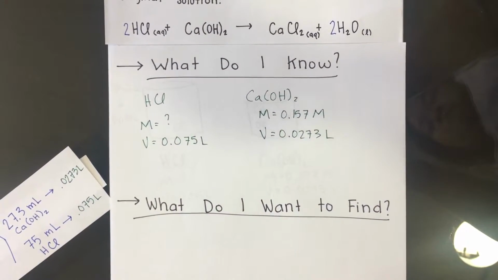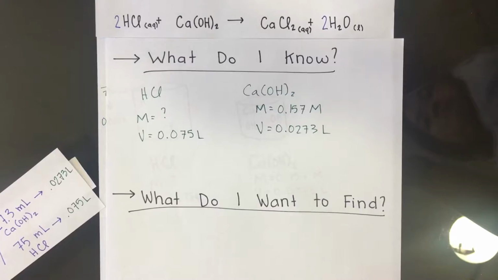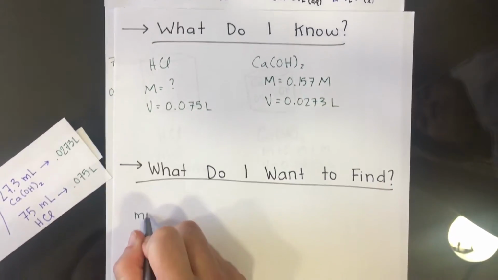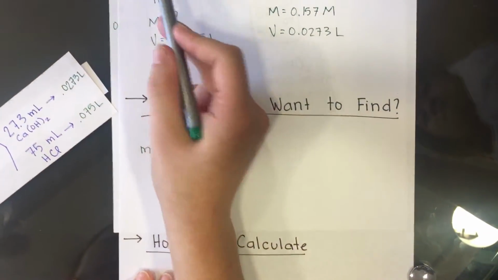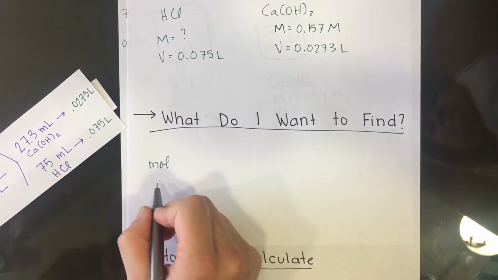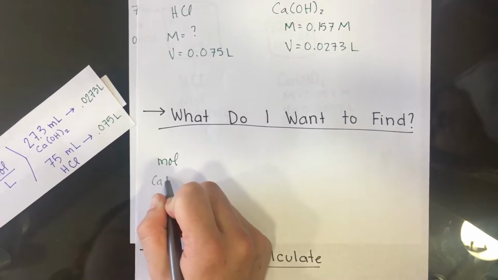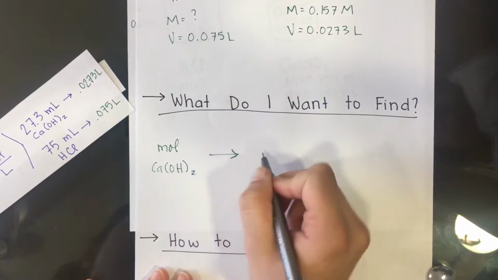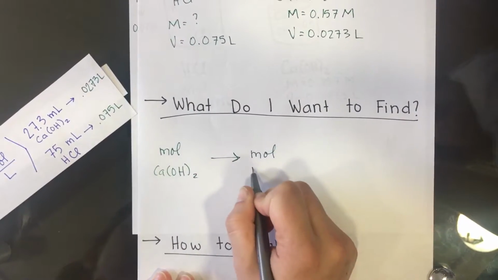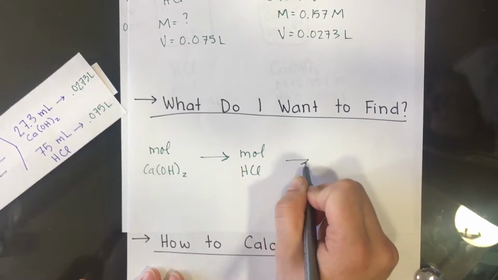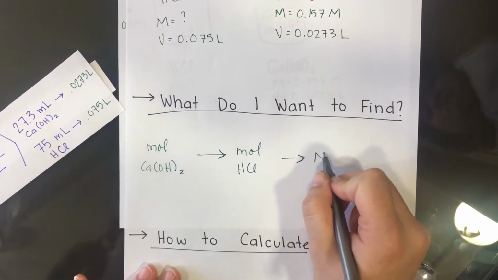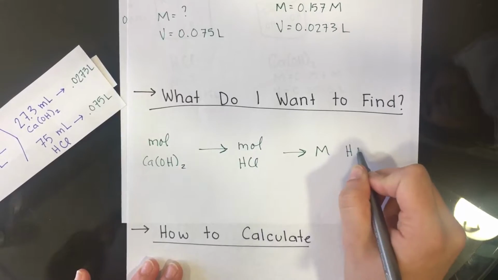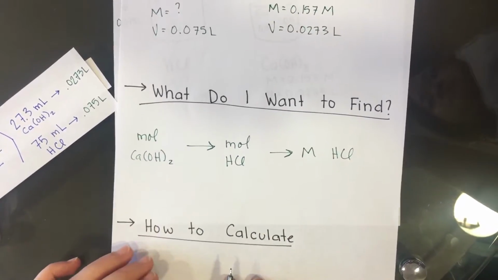Both of these are in liters. Now what we want to find is the moles of hydrochloric acid. We're going to find the moles of calcium hydroxide, which will give us the moles of hydrochloric acid, which we can then use to find the molarity of hydrochloric acid.